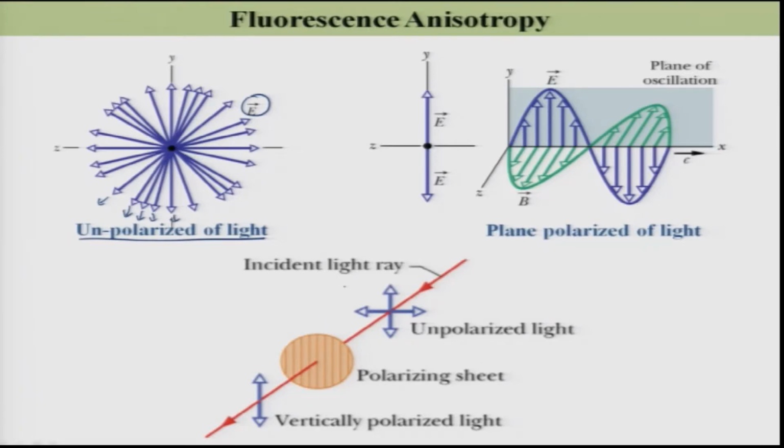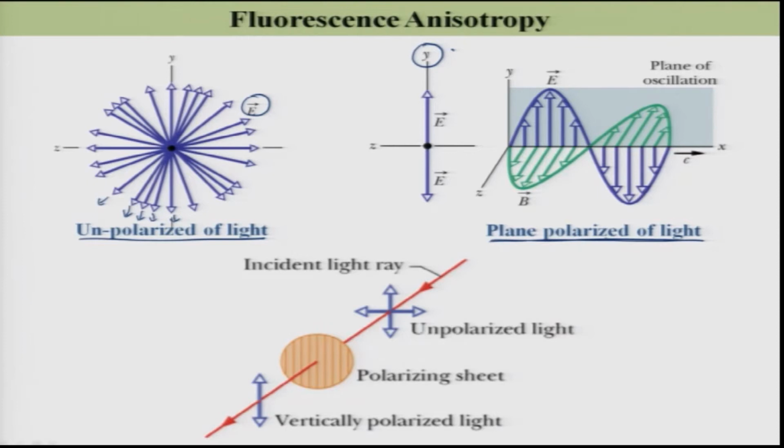However, for a plane polarized light, it is oscillating only in this y direction, so the electric field is oscillating only along this x y plane, and not along any other plane. So, this is called plane polarized light, a special type of light compared to normal light.